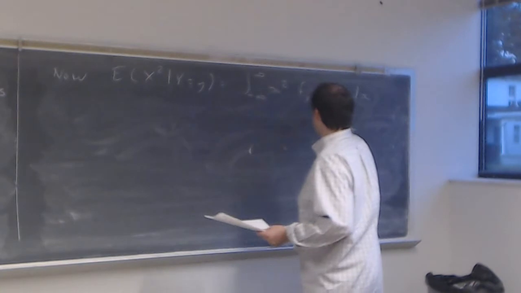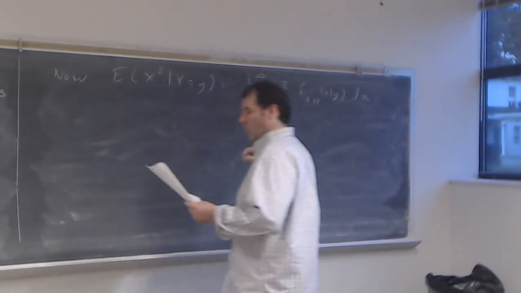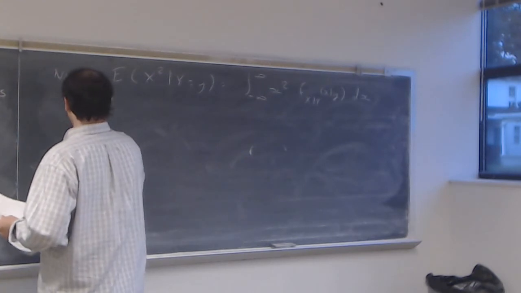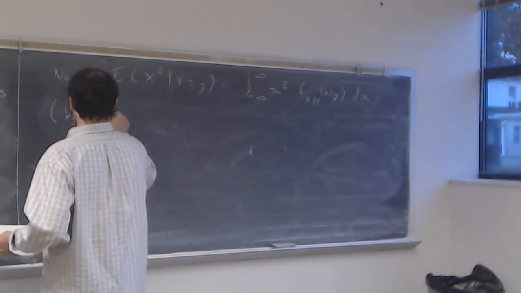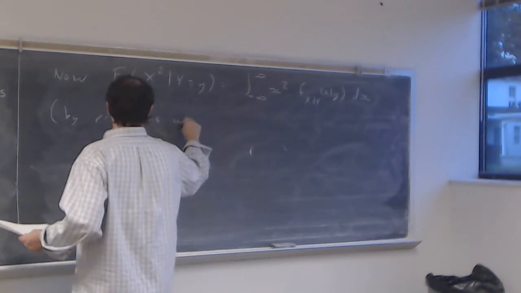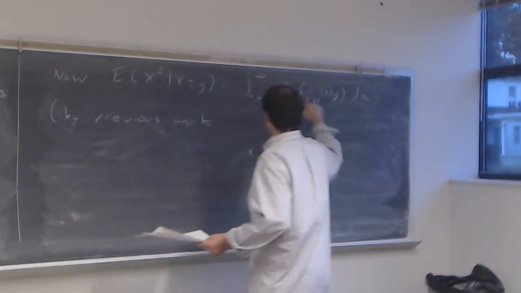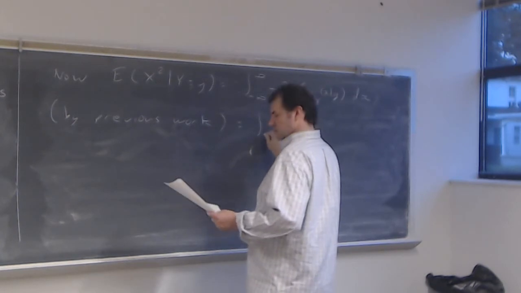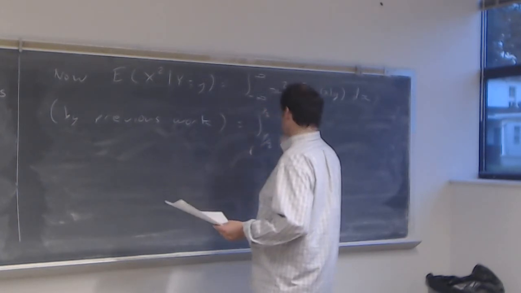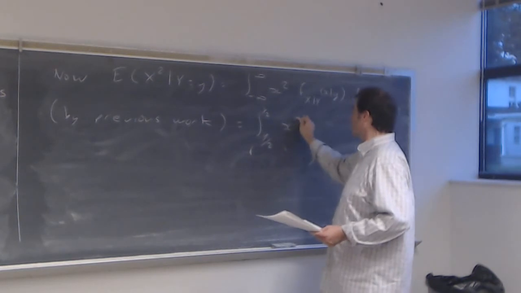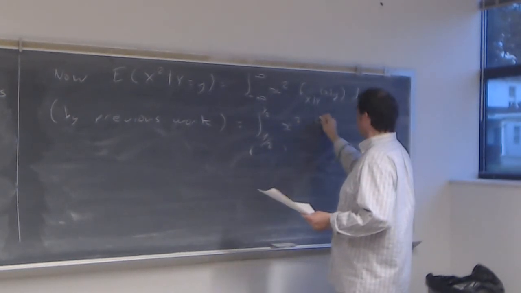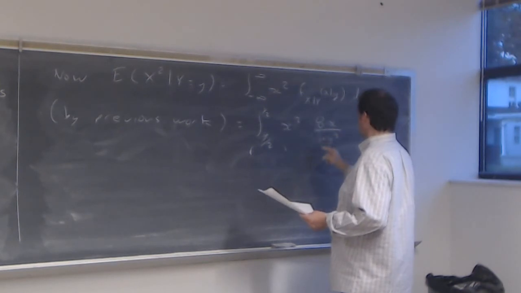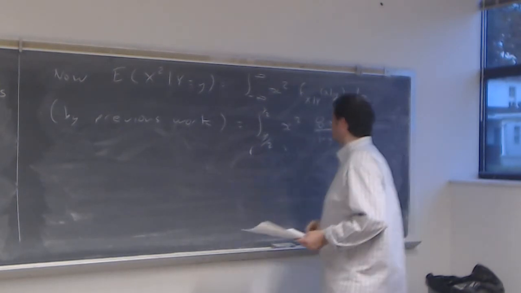Okay, but a lot of times, well, we had found this before, and this is by previous work, where this is going to be nonzero. This is going to be equal to the integral from y over 2 to 1/2 of x squared, and then this part is 8x over 1 minus y squared, dx.